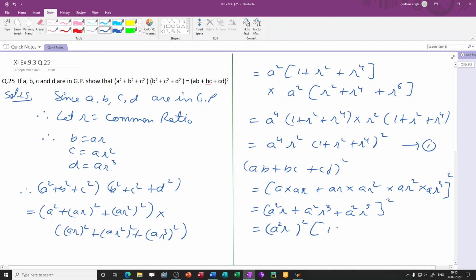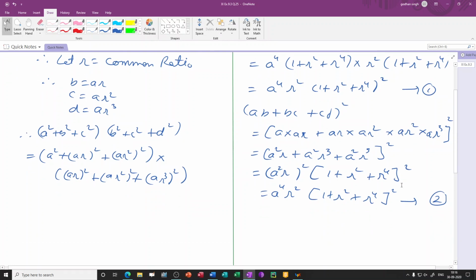Remaining will be (1 plus R square plus R raised to 4) whole square. This is equal to A raised to 4 R square (1 plus R square plus R raised to 4) whole square. Let this be 2.